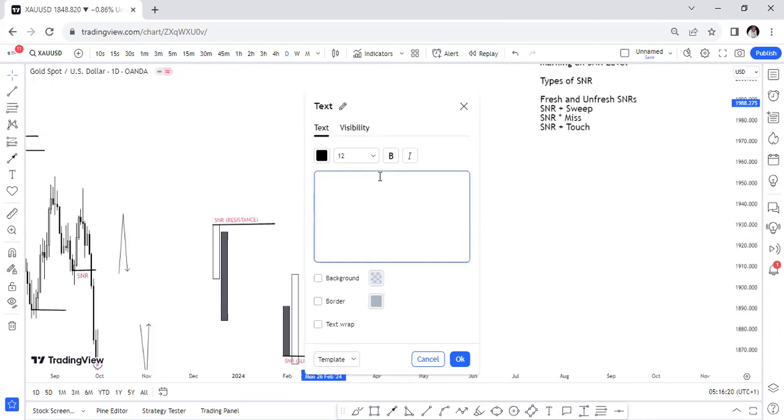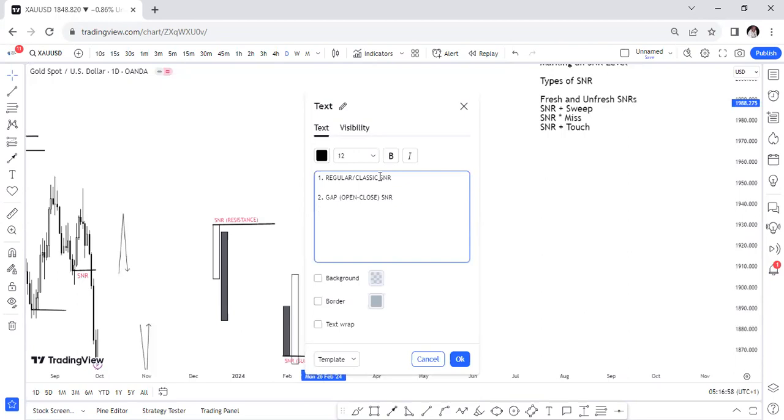The first one we have is the classical or regular type. Then we have the second one as gap, or open and close, or gap SNR.